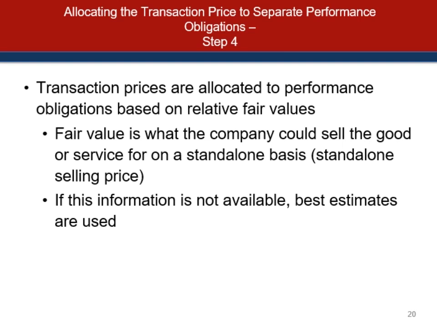Sometimes the transaction price would include a discount or a contingent amount of consideration that relates entirely to one of the performance obligations in the contract. And so the new standard proposals specify that a company should allocate the discount or a contingent consideration to one performance obligation rather than to all of the performance obligations in the contract.